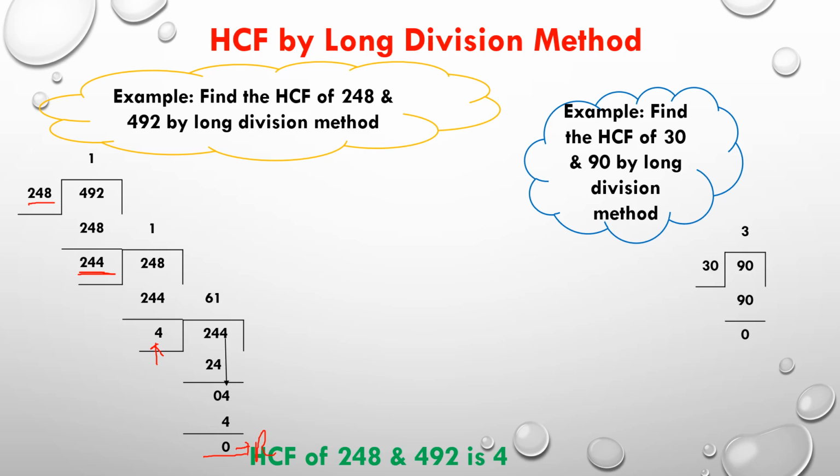So the divisor is 30. When I am getting my answer 0, I will look for the divisor. Divisor is 30. So 30 is the HCF of 30 and 90. Here I have done only one step because after dividing 90 with 30, I am getting 0. So no need to do another step. Okay. So HCF of 30 and 90 is 30.